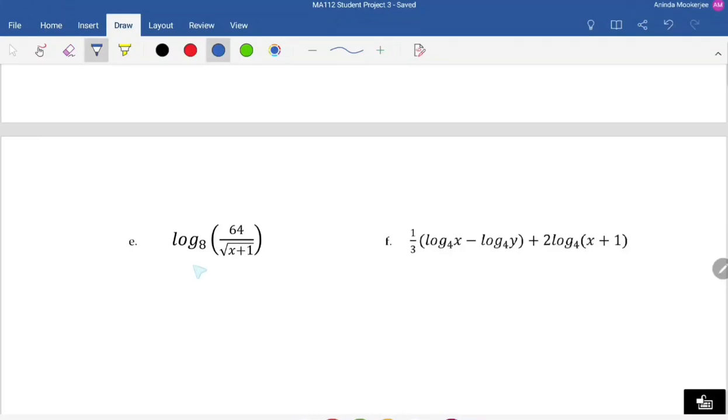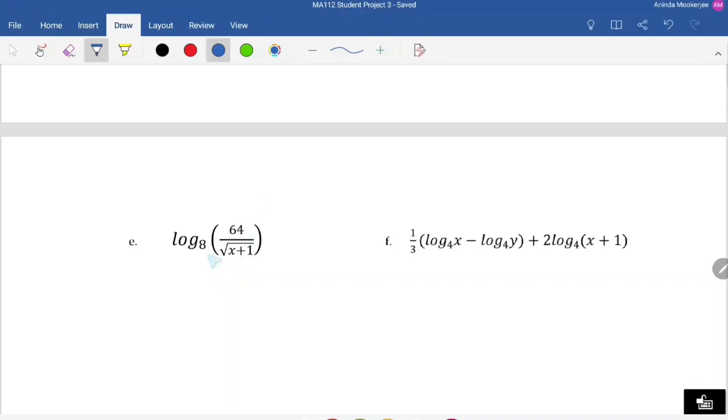Question number E, log base 8 of 64 divided by the square root of x plus 1. All right, so this is a division here, so we can apply the quotient rule, correct? 64 divided by square root over x plus 1 is a fraction, so we will use the quotient rule to expand this.